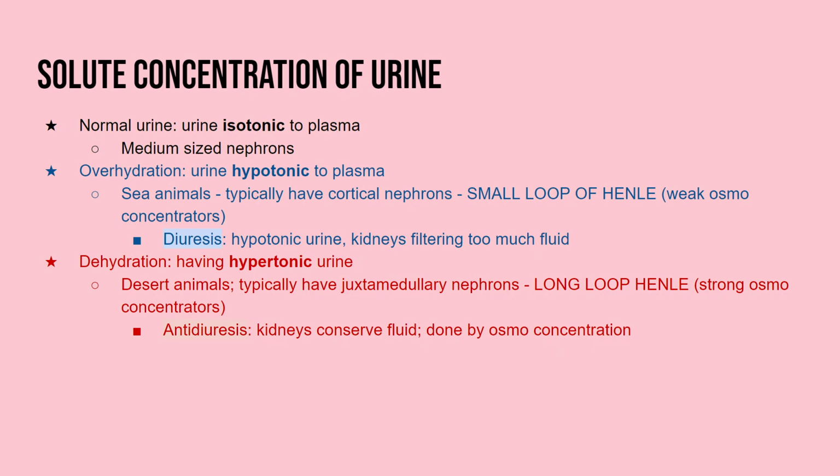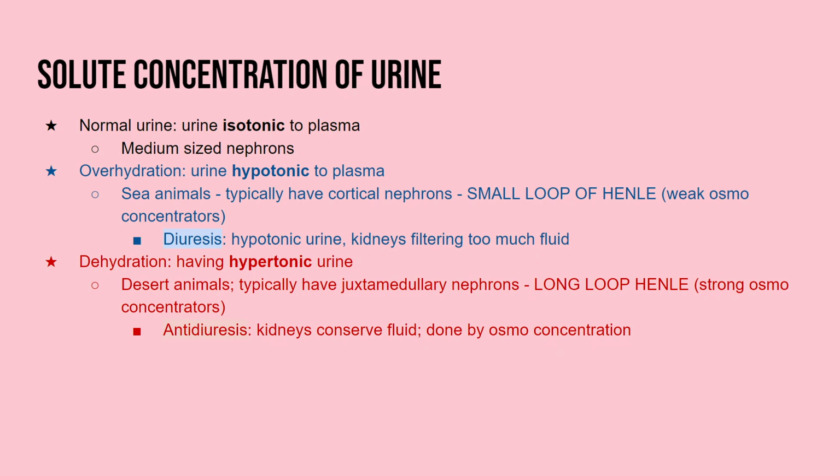Overhydration is when urine is hypotonic to the plasma. Sea animals tend to have a lot of these cortical nephrons. They have a small loop of Henle, so less water is drawn out of the urine. The urine contains a lot of water. Dehydration is when you have hypertonic urine.